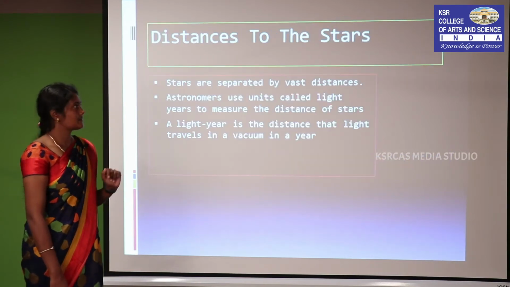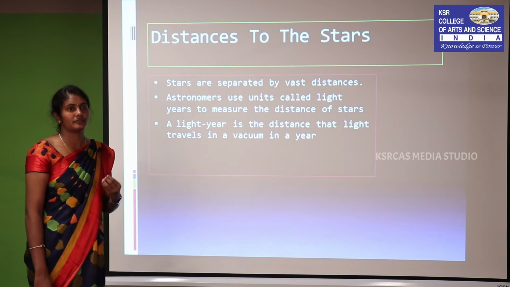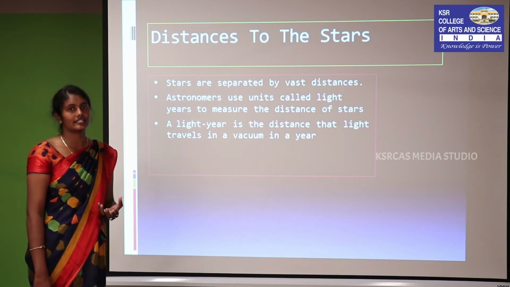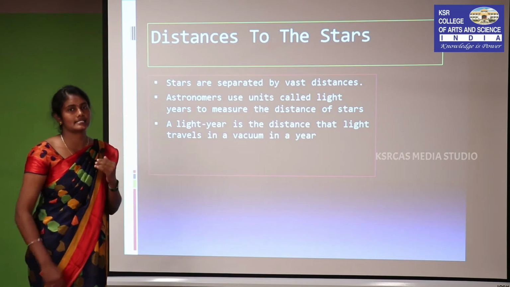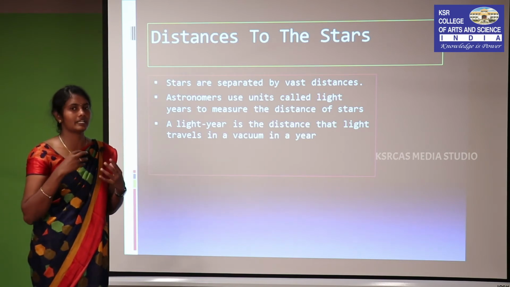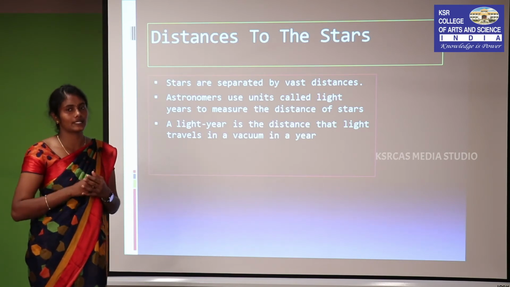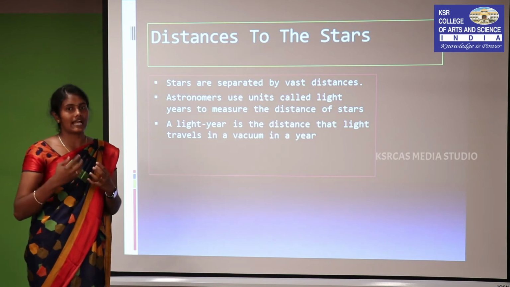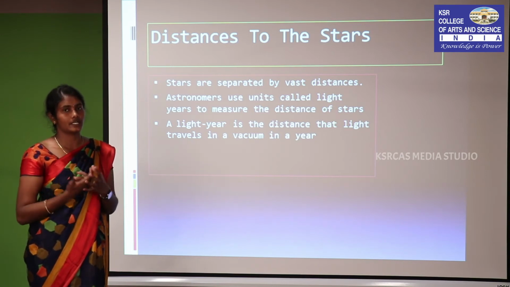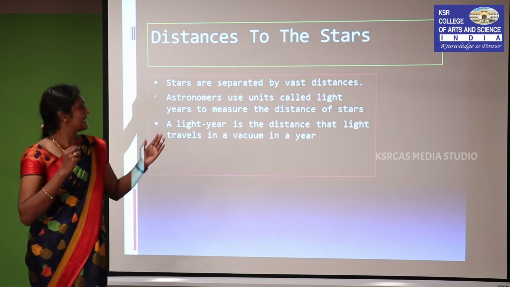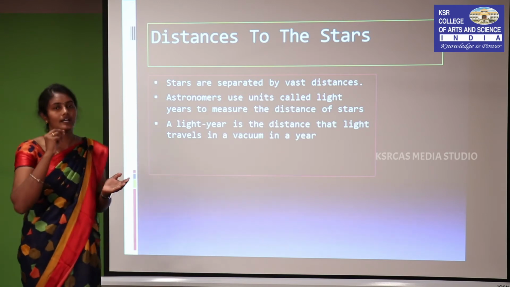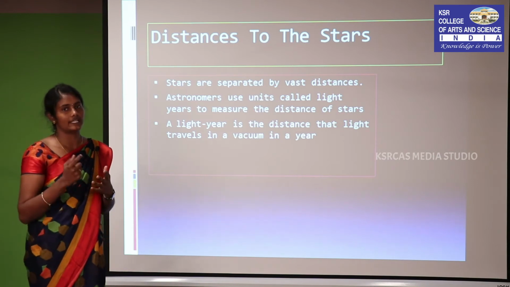Distance of the stars. Initially, when we look from our Earth, based on our eyesight, the stars seem to be located at a huge distance. But when we calculate based upon the Earth's orbital rotation, the stars are located at light-year distances. 1 light year is defined as the distance light travels in vacuum in 1 year.